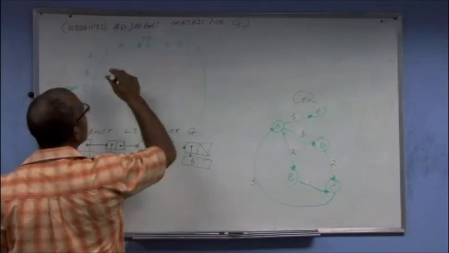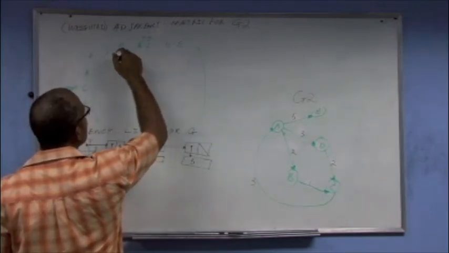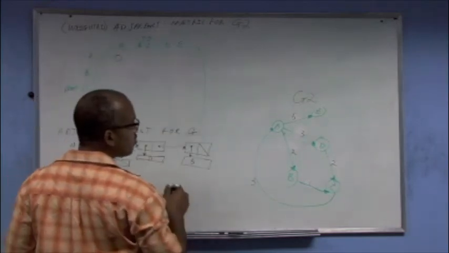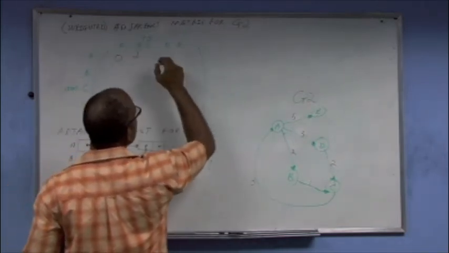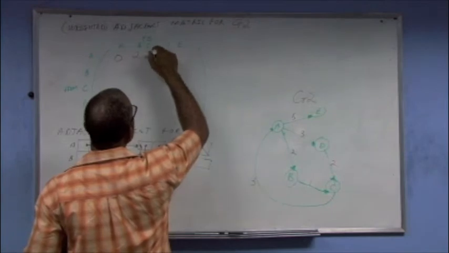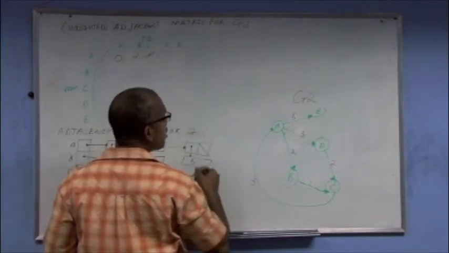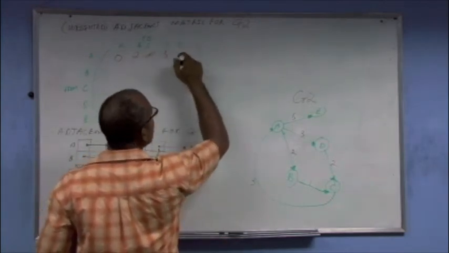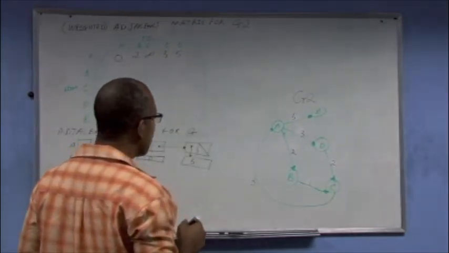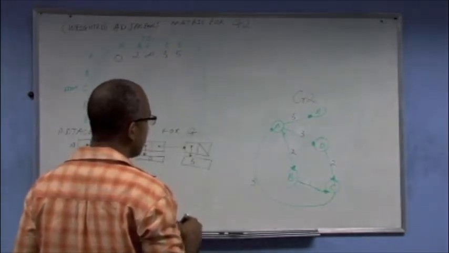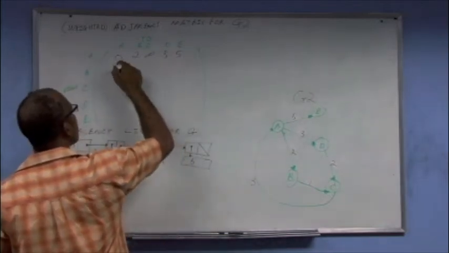So A to A is 0, A to B is 2, A to C infinity, A to D 3, A to E is 5. B to A can't get there, infinity.